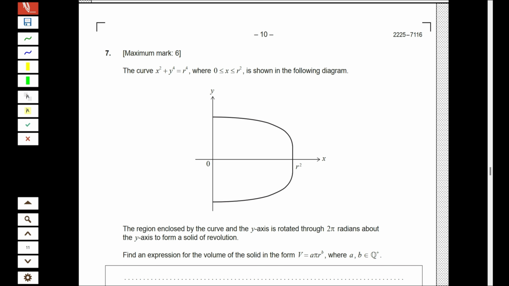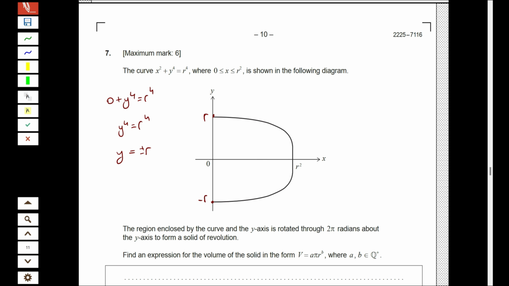If you look for the y-intercept of this relation, we substitute 0 for x. And there's an equation here, y to the power of 4 equals r to the power of 4. It means y can be either r or minus r, the y-intercept here.